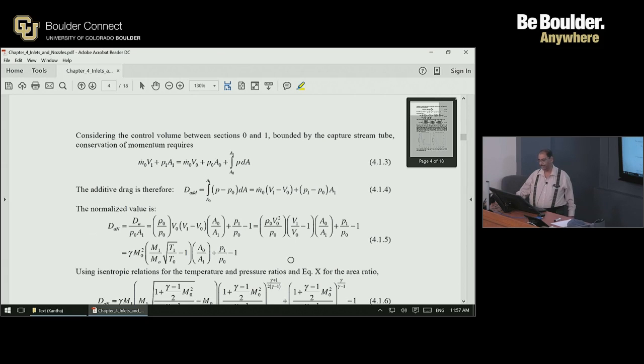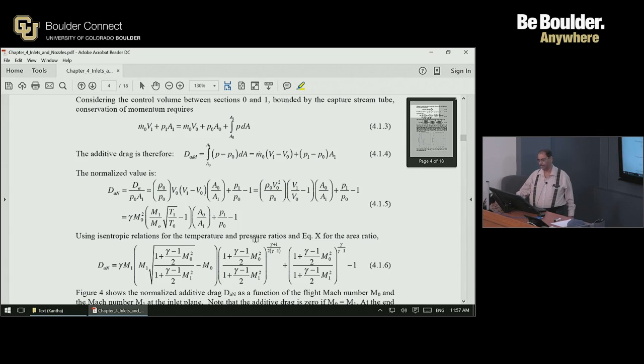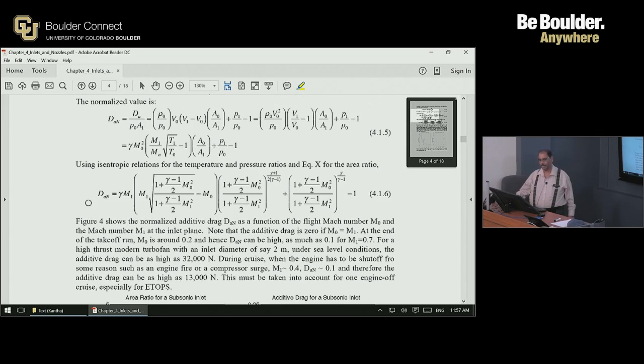Using relationships for the temperature and pressure ratio for an isentropic flow, you can derive an expression for the additive drag, which is a function of the two Mach numbers: the upstream Mach number M0, the undisturbed flow, and the Mach number M1 at the inlet. These are the two Mach numbers that govern what the additive drag is, and you can plot it.